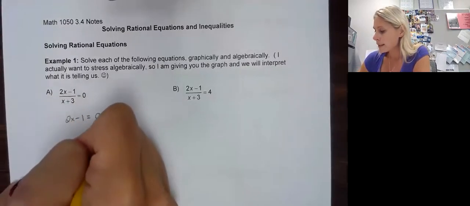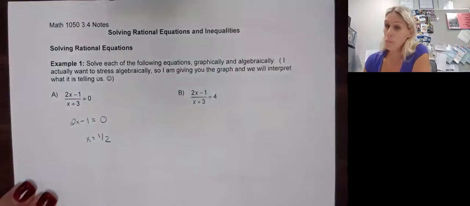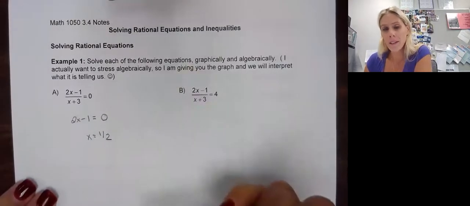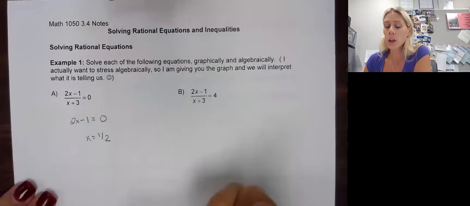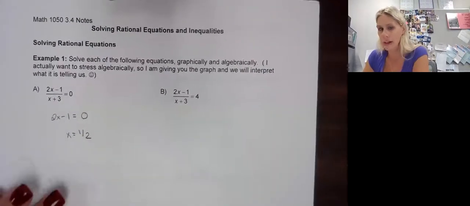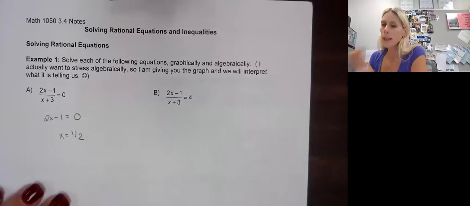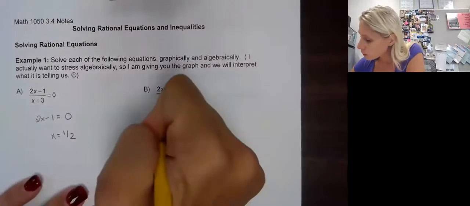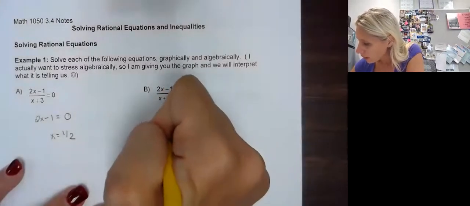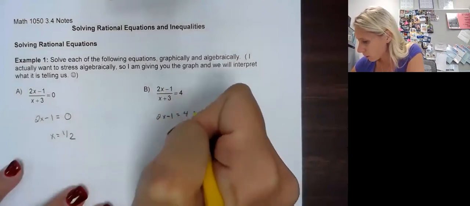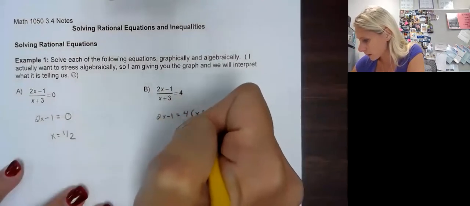By the way, some of the algebra that you should know, I'm going to go through quickly, okay? Some cases I'll show every step, but I think we can do our two-step equation in our head. Now for B, same thing, fraction, let's get rid of it. So be careful though, because I'm going to write this out with the parenthesis because we're going 4 times this x plus 3.